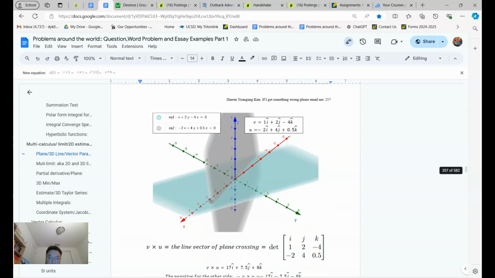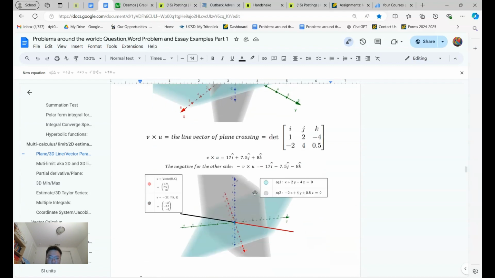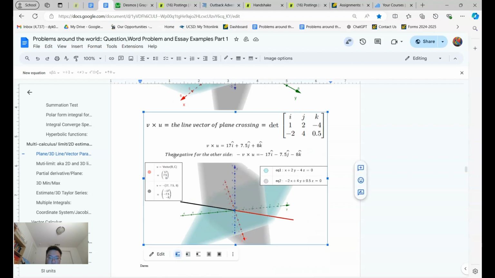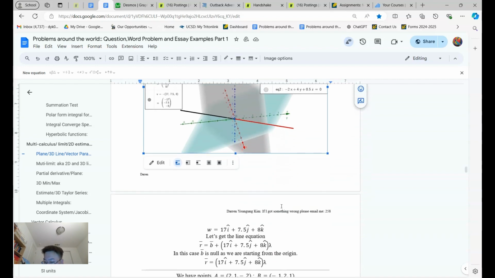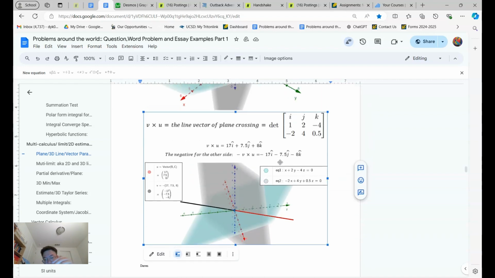Then we continue over here where we get the two vectors to get the determinant to get the negative side to show that there's a positive and negative. For some reason I remember in class only being taught the positive version, which I understand because it's kind of obvious what happens with the other step, but I'll just intuitively show that you can go the other way and still get the same thing.